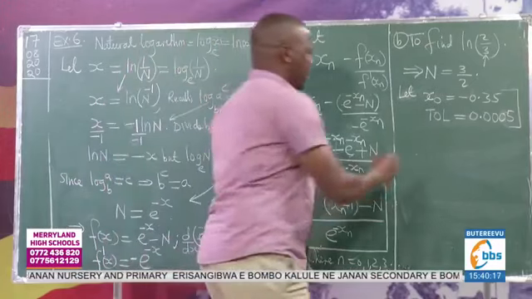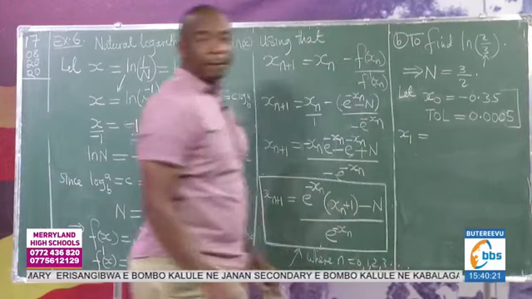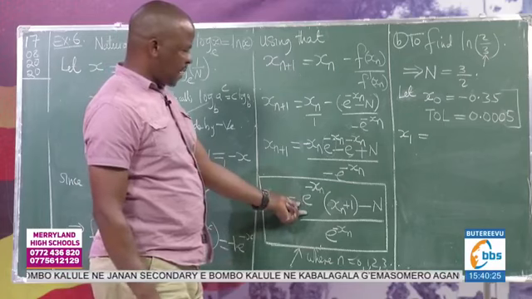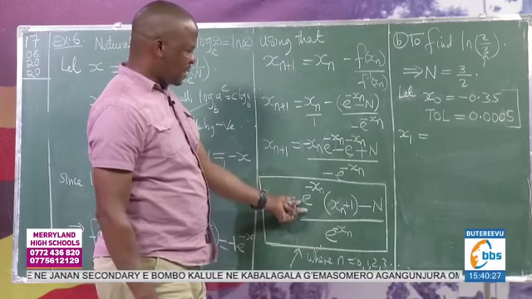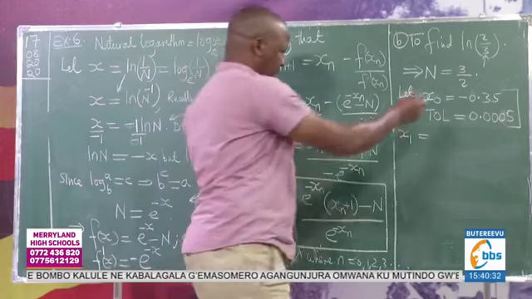So we are expected to start by finding x1. To find x1, we are using this formula, and we are feeding in x naught, where n is 0, as negative 0.35.